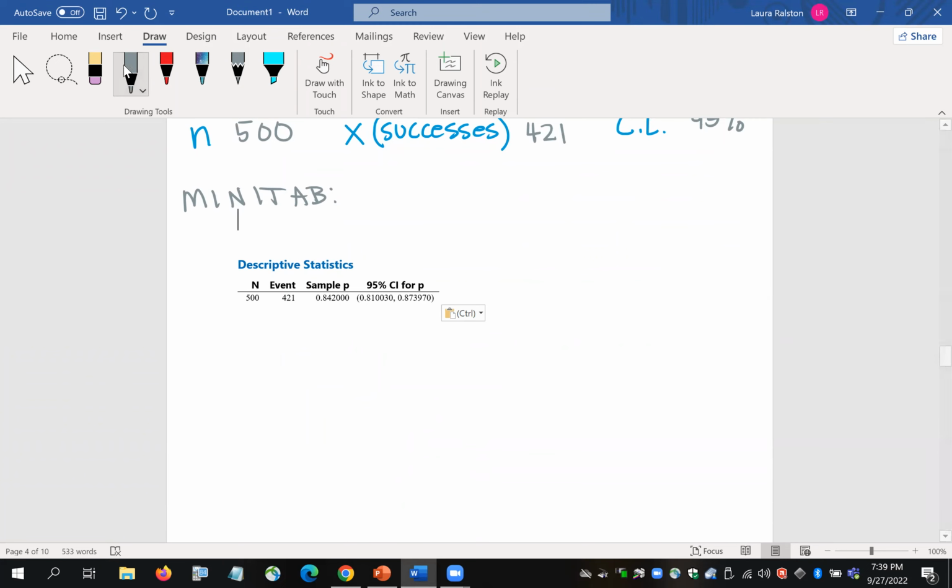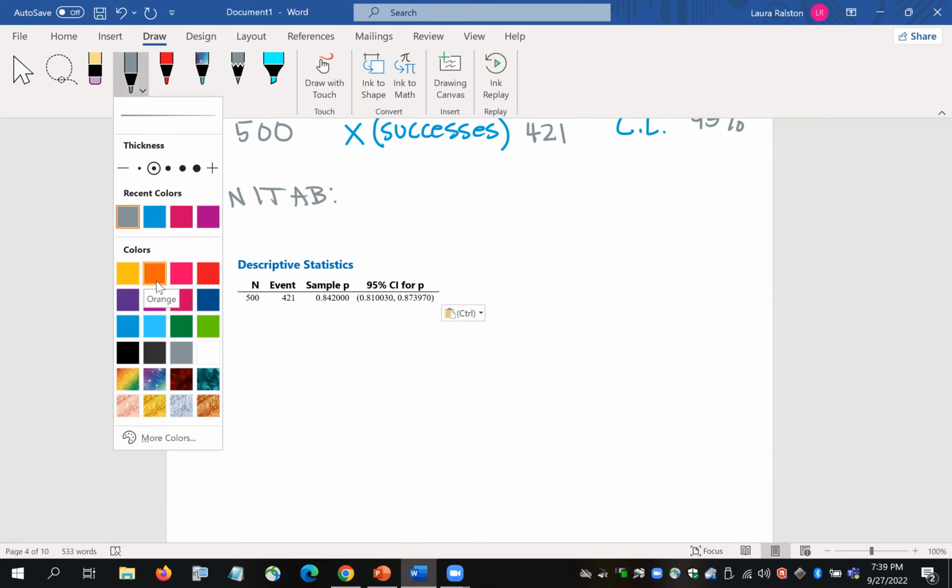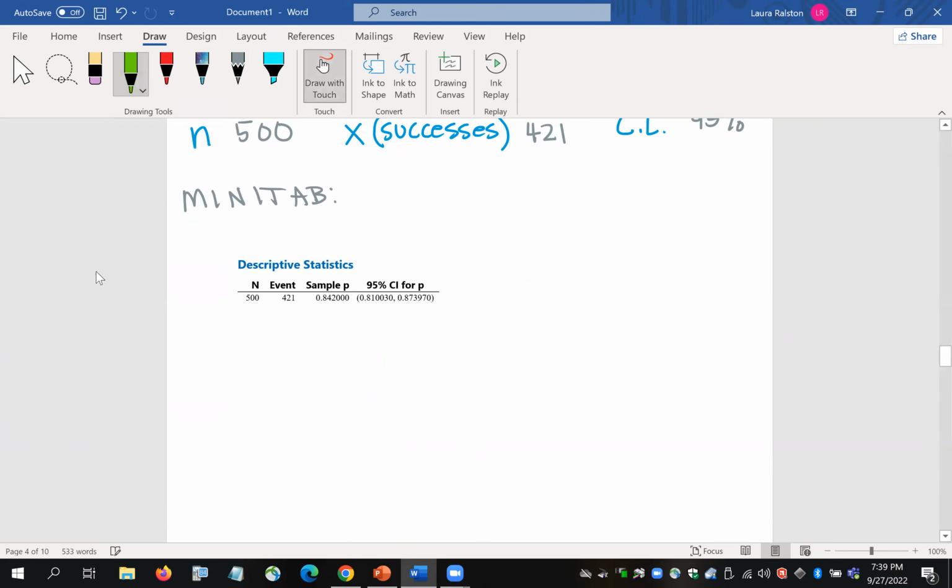Okay, so Minitab, a couple of things here about this printout. It gives you, again, N, which is your sample size. It does indicate the number of successes, but Minitab also calculates P prime. The sample P is P prime.